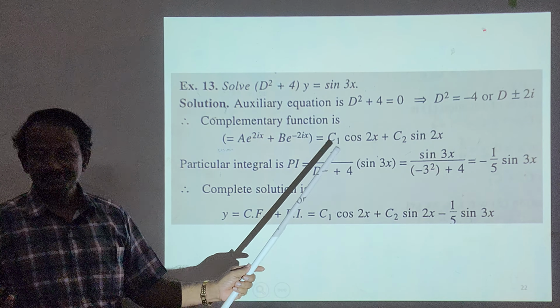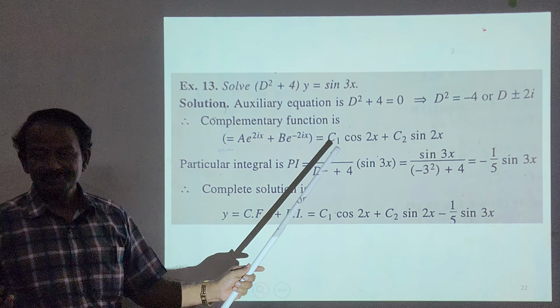Don't forget, it is minus 3 squared; the minus sign stays outside. Minus 3 squared is nothing but minus 9. Minus 9 plus 4 is nothing but minus 1 by 5 sin 3x. So this is the answer for your PI.